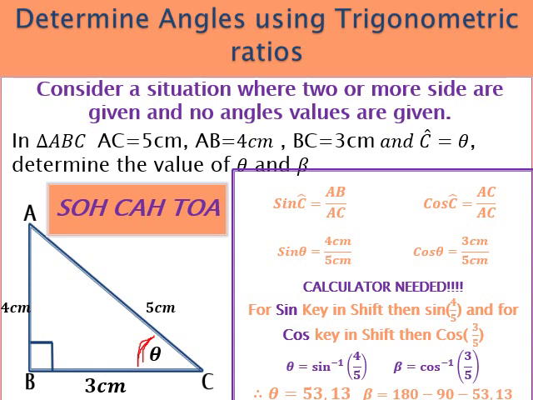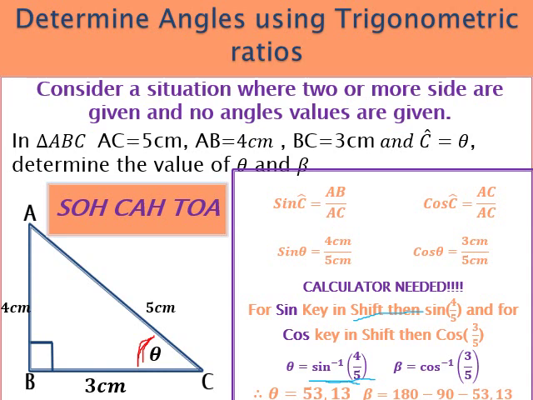In your calculator, you have to key in the shift button, then sine, then 4/5. Then on your screen you should get something like this. Then your answer is going to be 53.13.